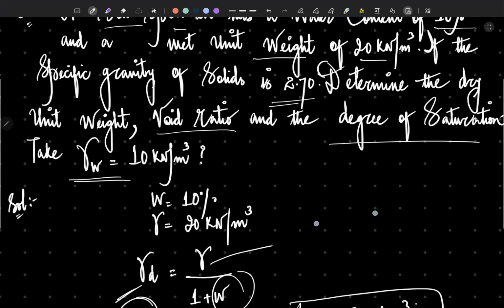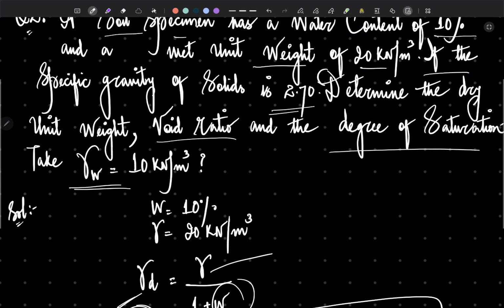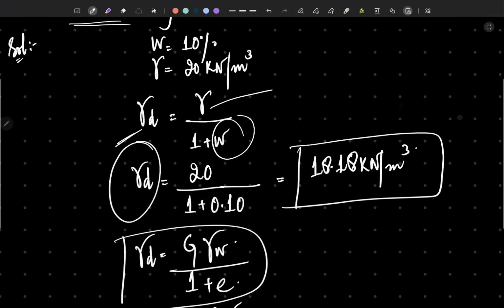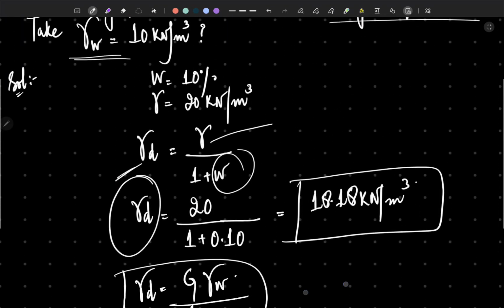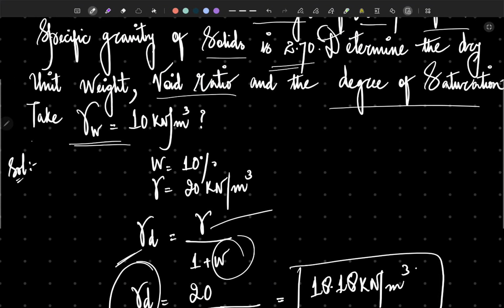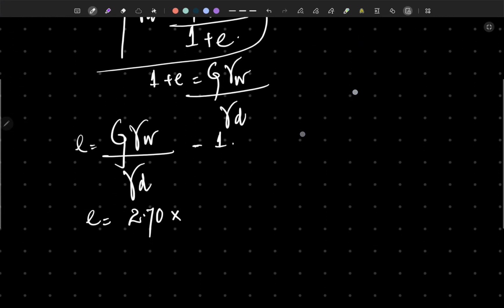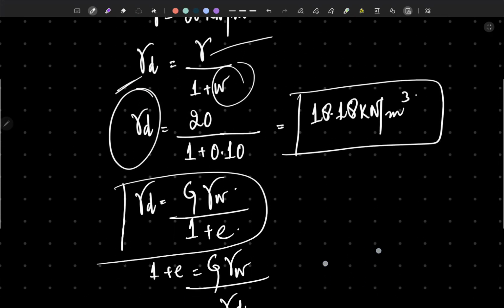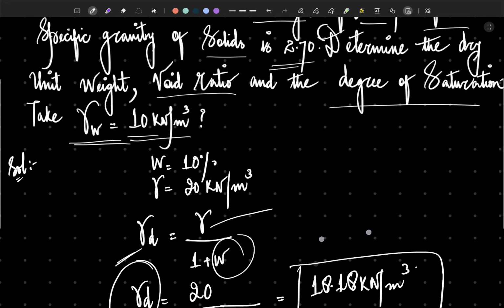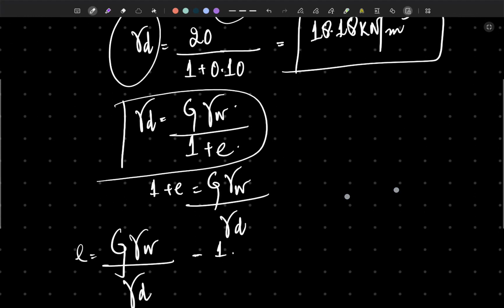So void ratio is G, the specific gravity of solids, which is 2.70, times gamma w, the unit weight of water, and we have been asked to take it as 10 kilonewton per cubic meter, divided by the dry unit weight, which we found out just before finding the void ratio.